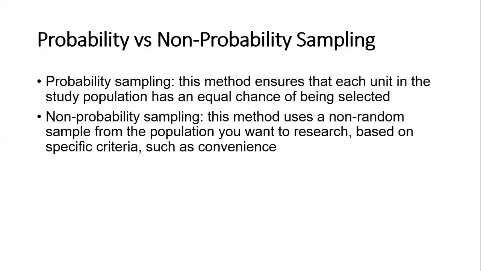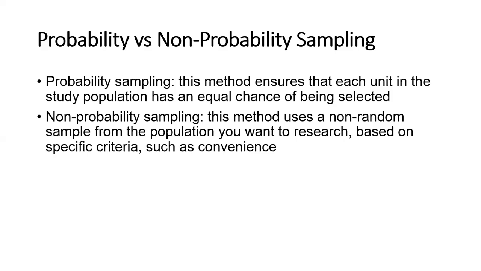Non-probability sampling, this method uses non-random sampling from the population that you want to research on based on specific criteria such as convenience. So let's take the GSS3 research example.